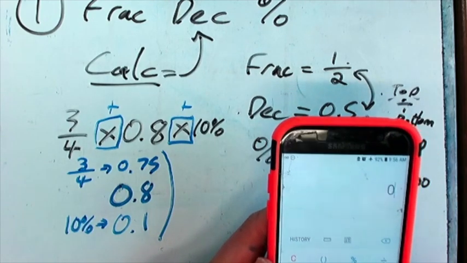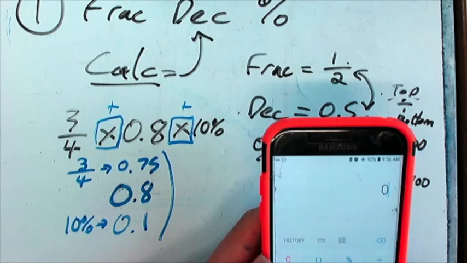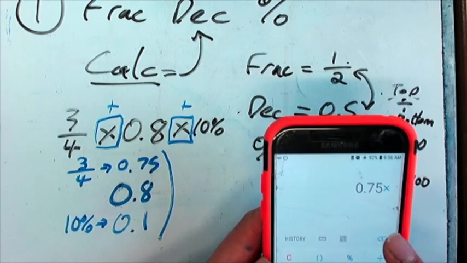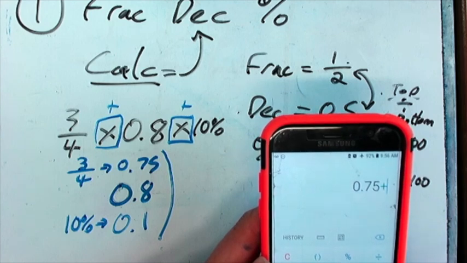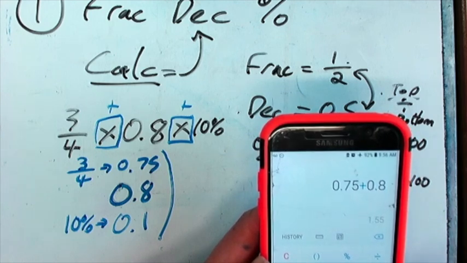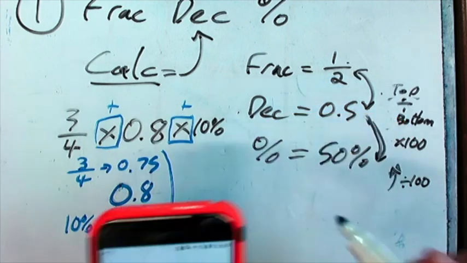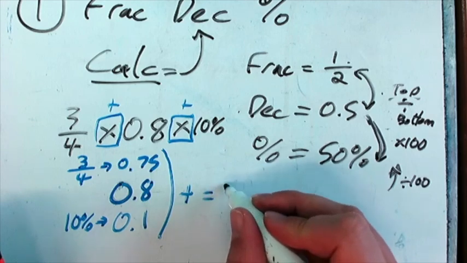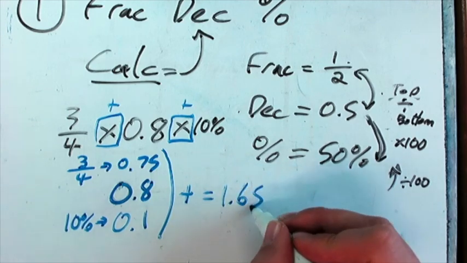If I'm going to add them all, I just do simply 0.75 plus 0.8 plus 0.1. Bingo bango, 1.65. If these were all plus, 1.65 would be the answer.